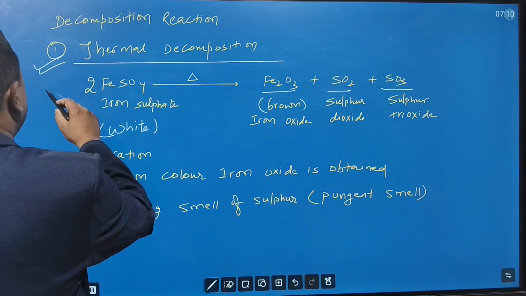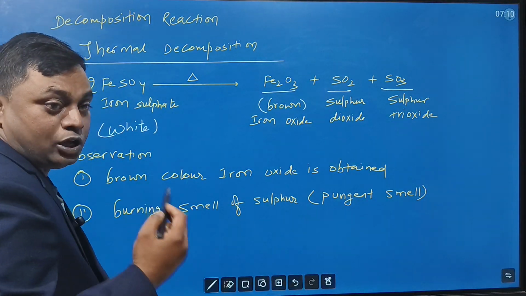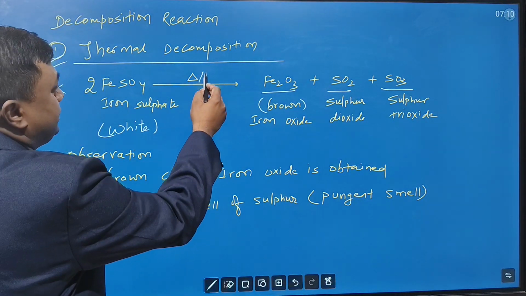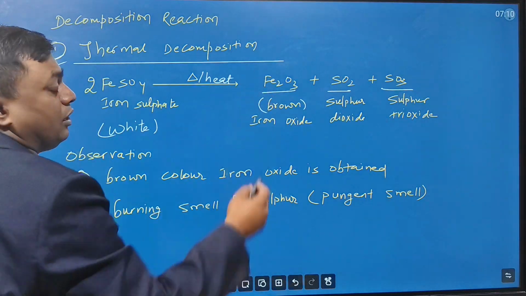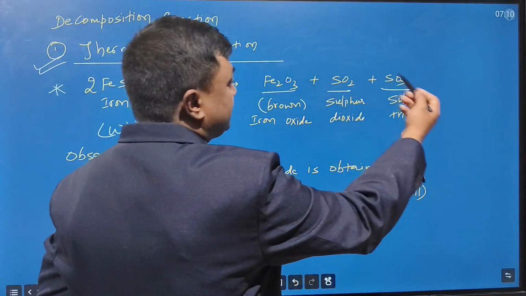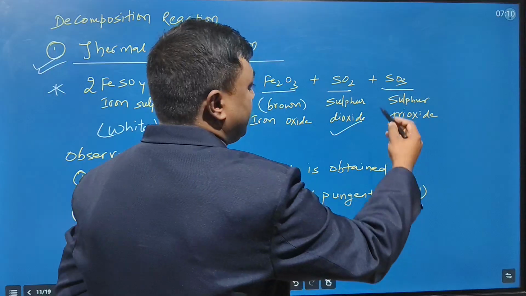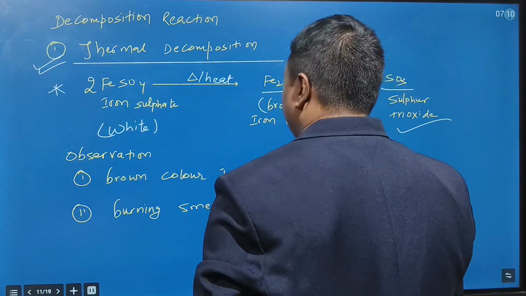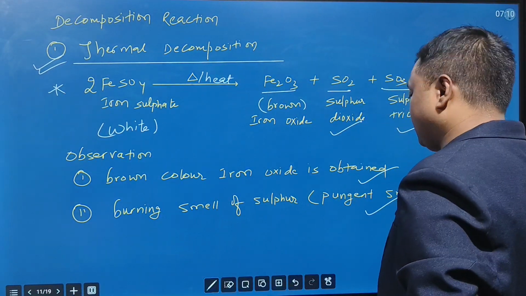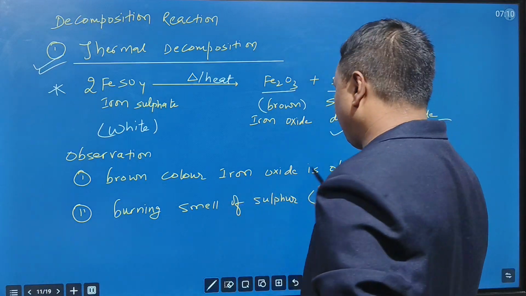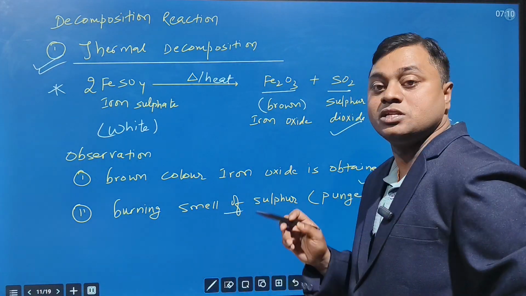So just remember the equation: 2FeSO4 upon heating gives rise to Fe2O3 plus SO2 plus SO3. SO2 is sulfur dioxide and SO3 is sulfur trioxide. So two observations you can remember: brown color iron oxide is obtained and burning smell of sulfur.